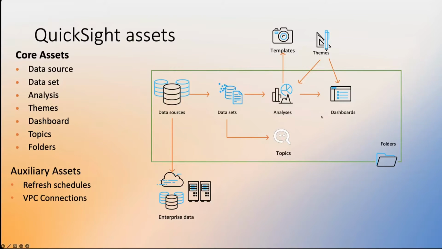For example, if you are taking a backup of a few of the dashboards, if they have dependent data sets and data sources, themes, that will also be packaged in the bundle, and you will get an output as a .qs file, which will be like a bundled file, which will have multiple JSONs representing each of the assets as well as its dependent assets.